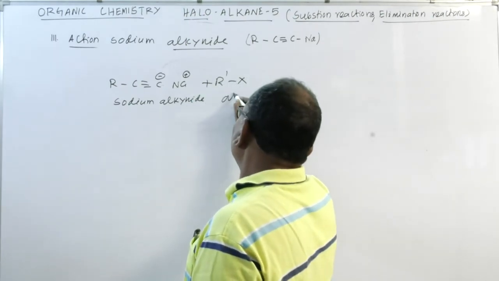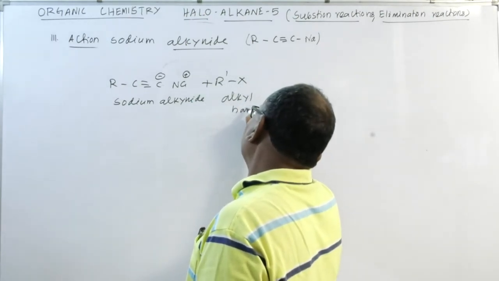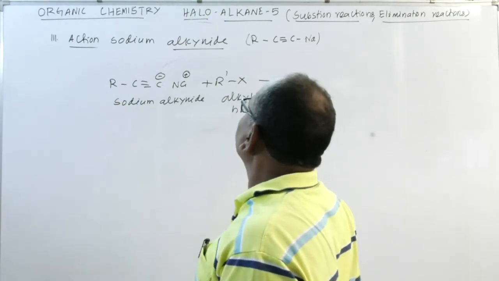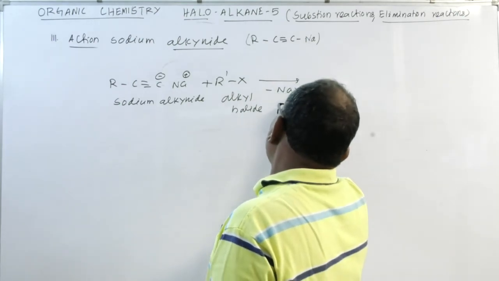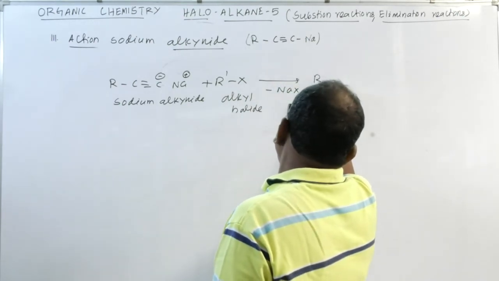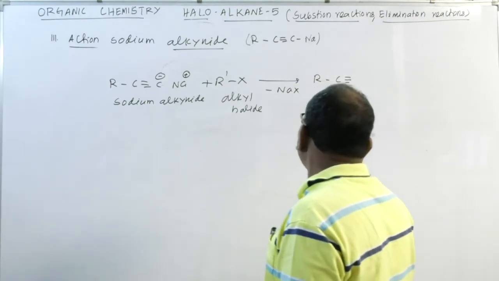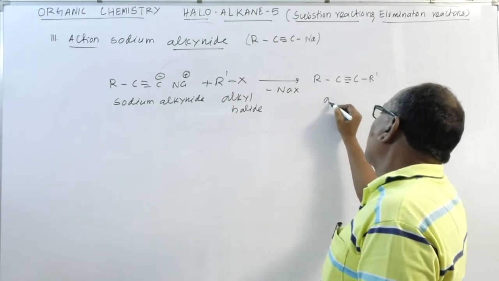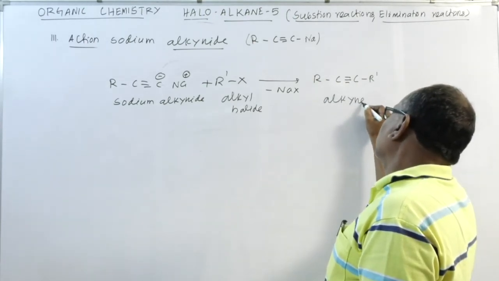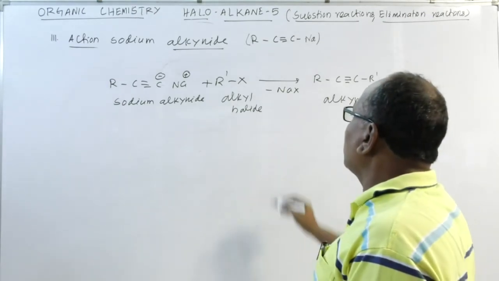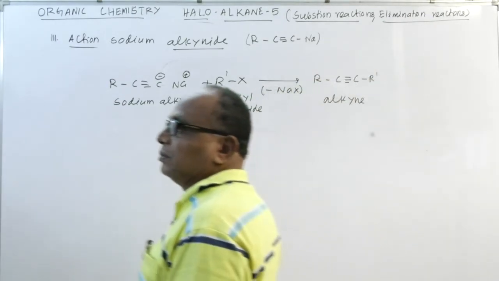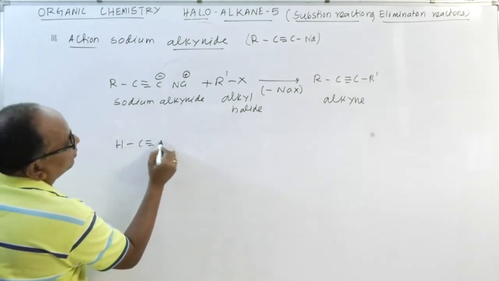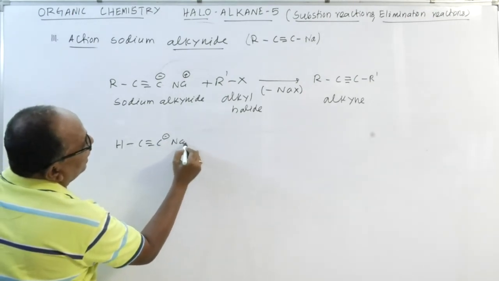This is your alkyl halide. It loses molecular NaX, and becomes RC triple bond CR dash. This is your alkyne. Suppose I take sodium ethynide.